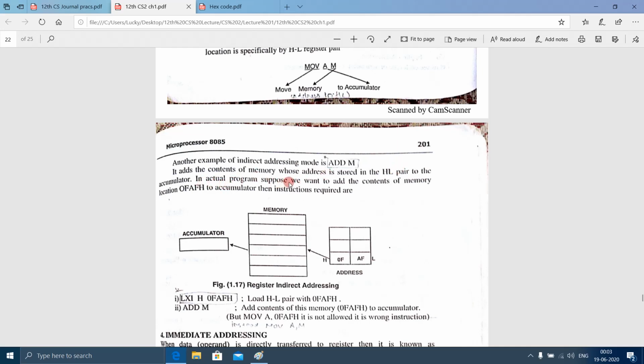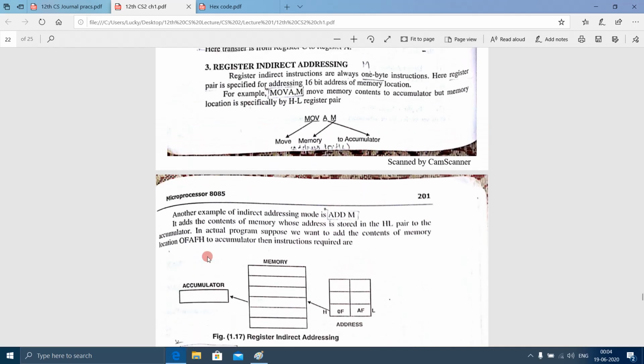In the actual program, suppose you want to add the contents of memory location 0FAFH to the accumulator, then the instructions required are the same ones we have discussed. This example is represented with a diagram. The address is stored in HL: H stores 0F, and L stores AF. The ADD M instruction points to a memory location, the contents of memory will be added with the accumulator's content, and the result will be stored in the accumulator itself.